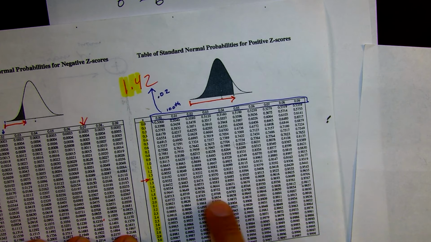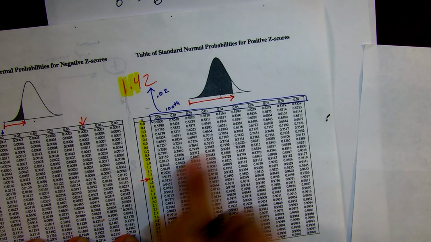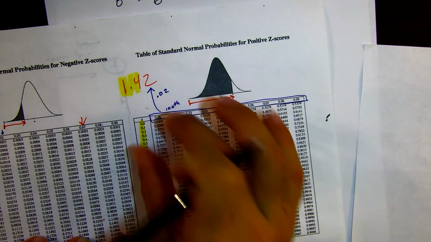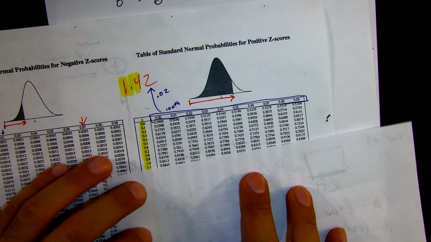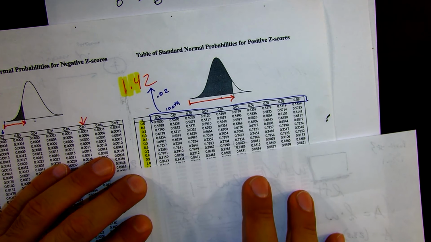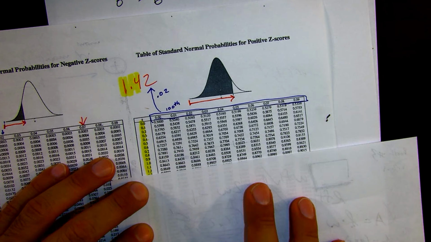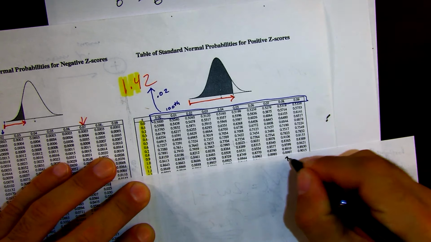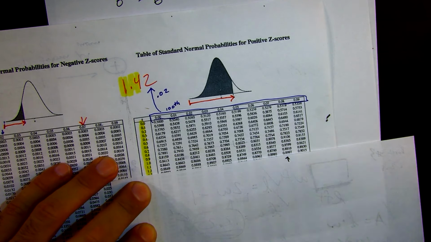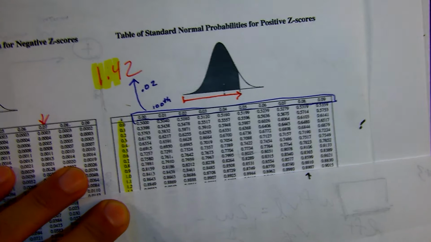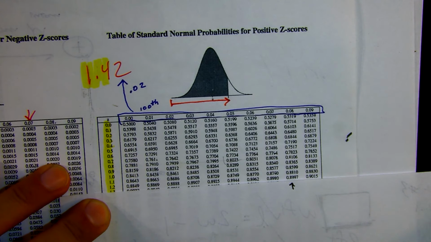We use the percentile to find the z-score. I'm looking for the number closest to 90. Here it is: 0.8997. That's the closest one to 0.9.